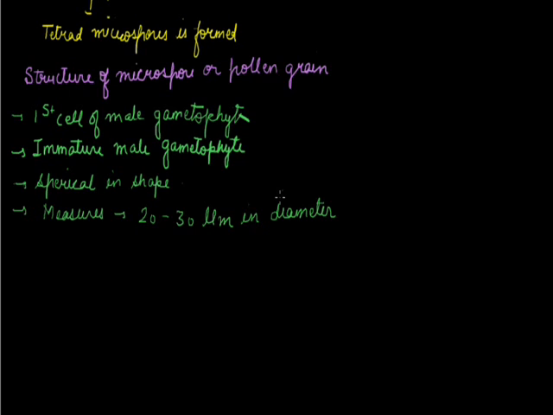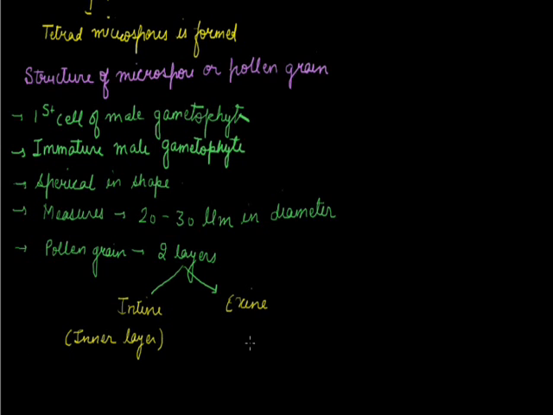The pollen grain contains two layers: the intine and the exine. The intine is the inner layer, and the exine is the outer layer.